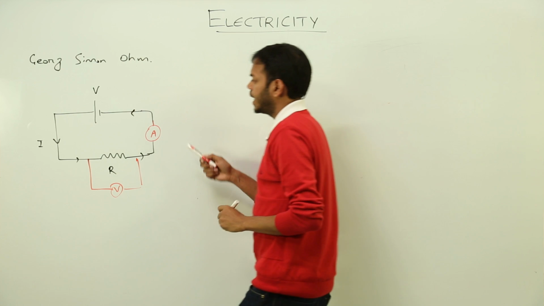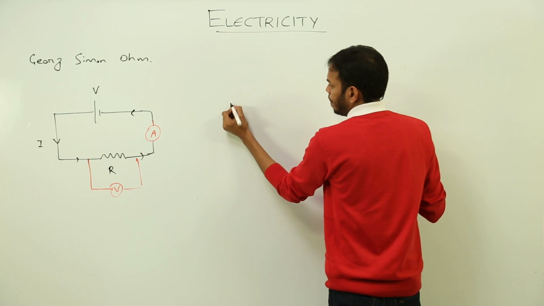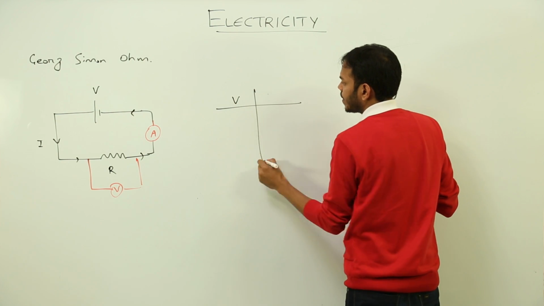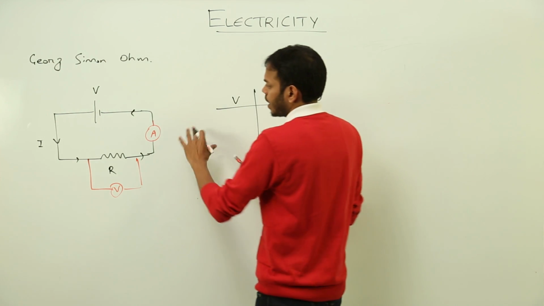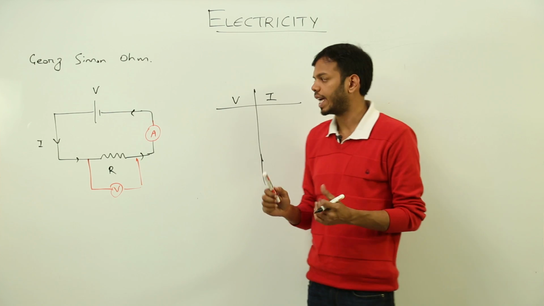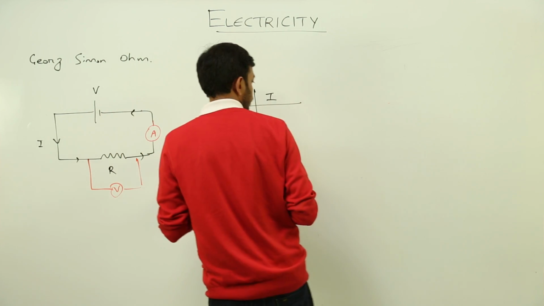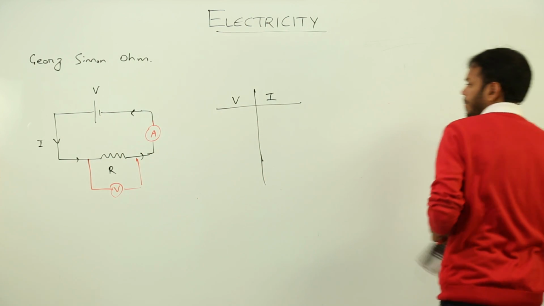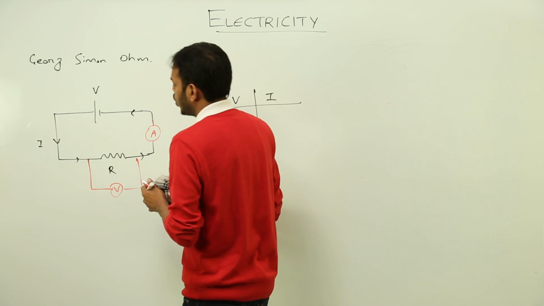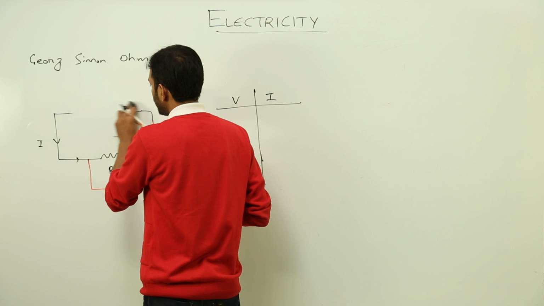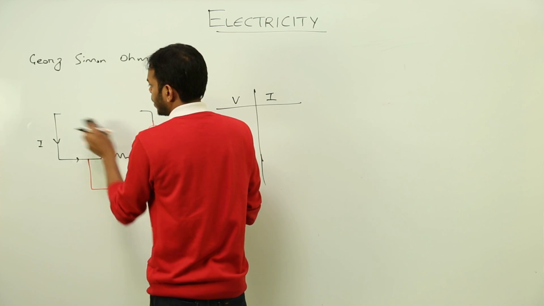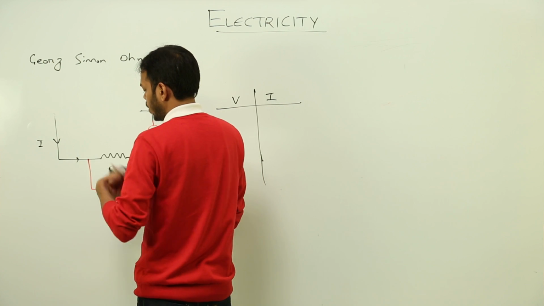What he did, he measured the value of voltage and current and put it in a tabular form in this circuit. But he was not satisfied. What he did now, what he changed in the circuit was, see, kept the ammeter and voltmeter and resistor as it is, but this thing was changed. This is how it went for him.